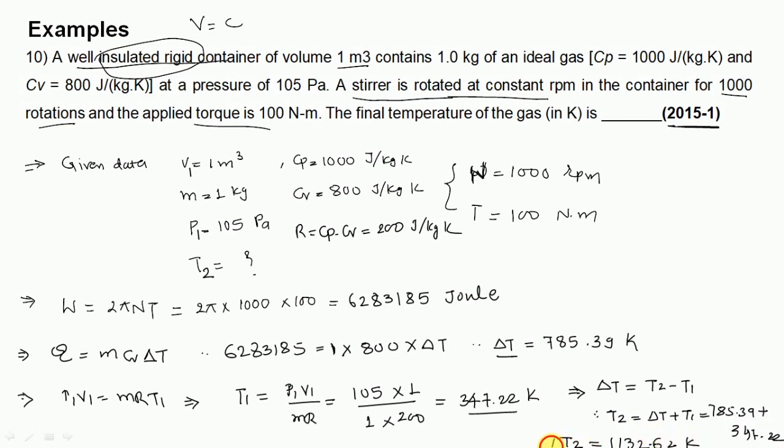This is the final temperature of the gas when you apply some work. The initial pressure and volume are given in the data, and from the PV equals mRT equation you find the temperature. Then using the other equation you find delta T, and from delta T you can find the final temperature of the fluid inside this rigid container. So it's easy to understand.